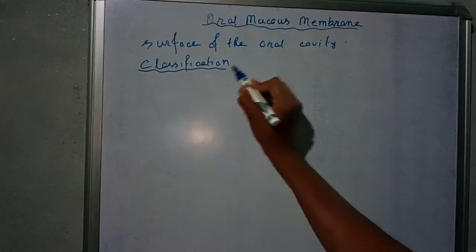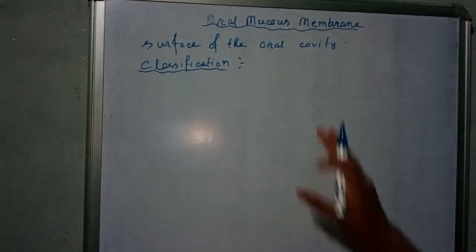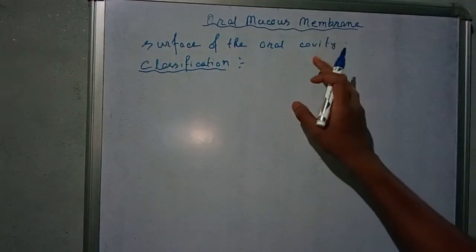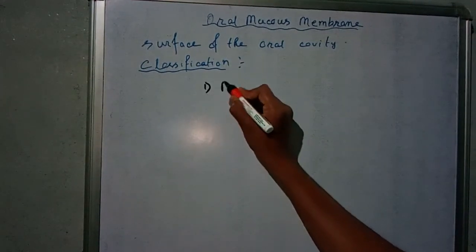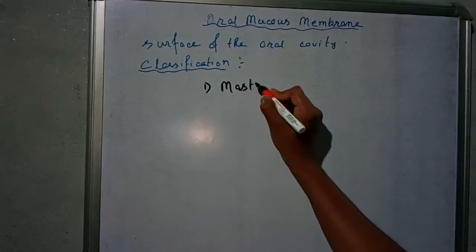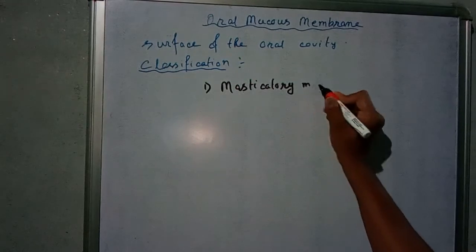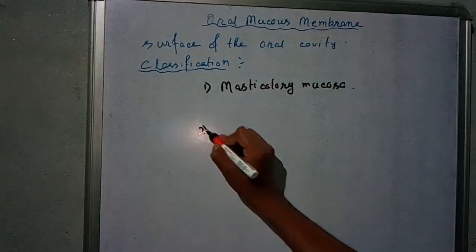Now the classification of the oral mucous membrane. Based on their functions, it is divided into three major types. Number one, masticatory mucosa.